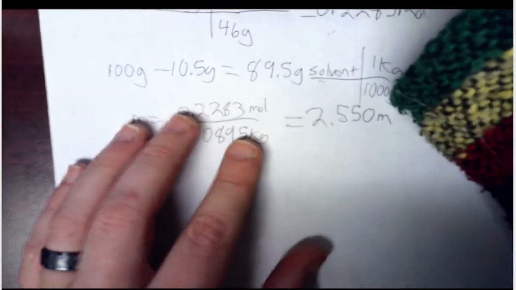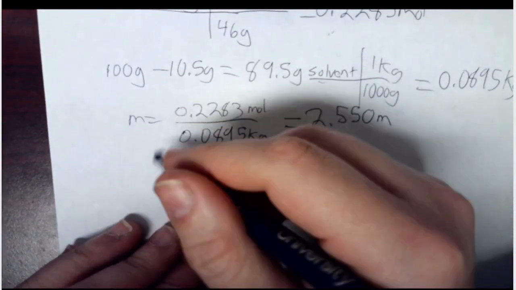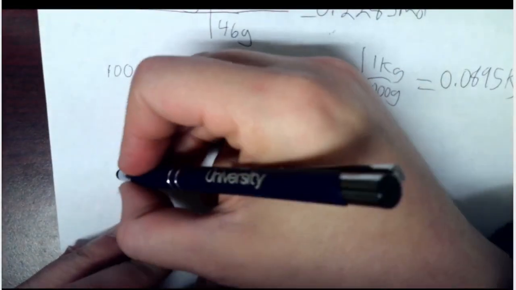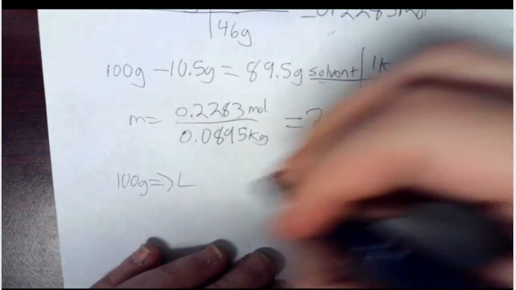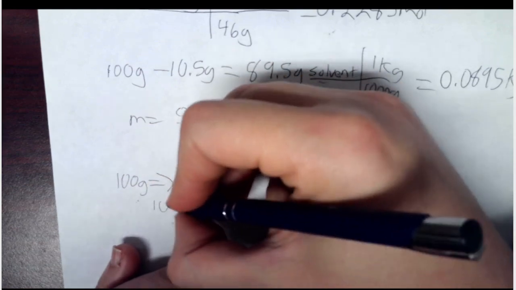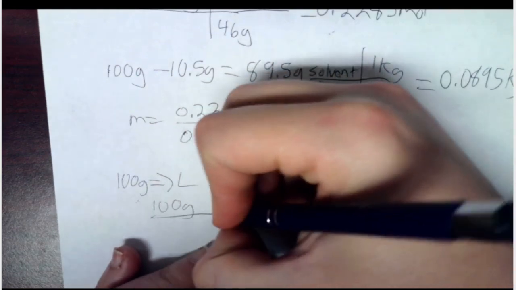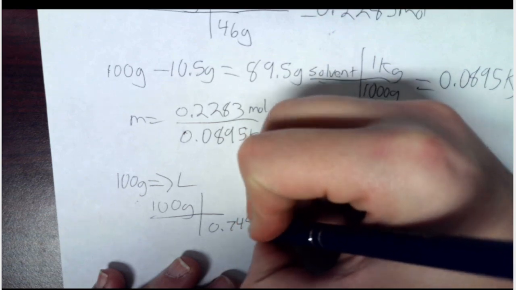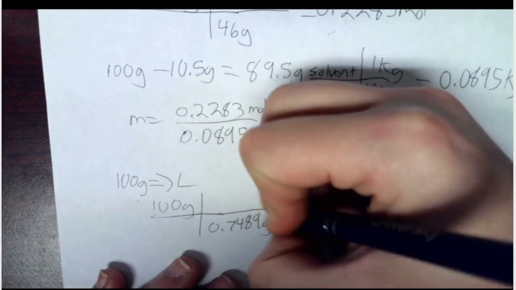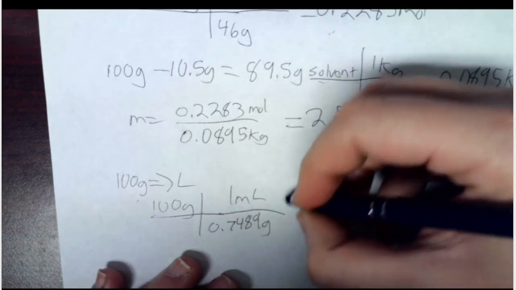What about our molarity? For our molarity, we need to turn 100 grams to liters, and we're going to use the density to do that. So 100 grams, our density was given at 0.7489 grams per 1 milliliter.